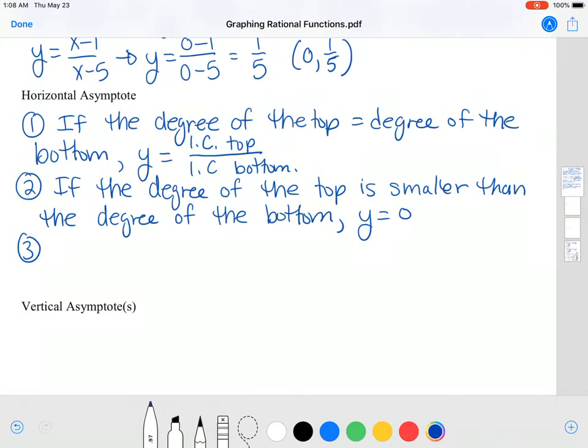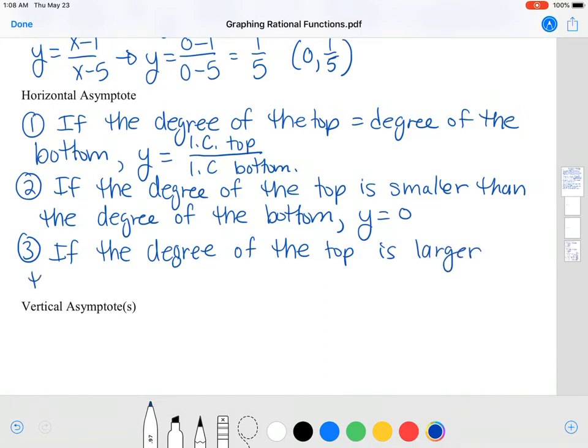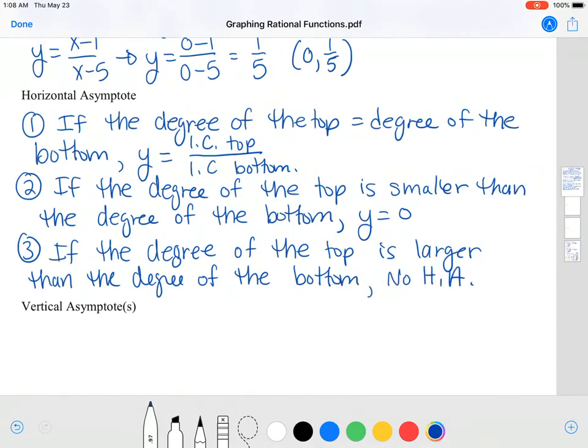And the last possible scenario is if the degree of the top is larger than the degree of the bottom, then there is no horizontal asymptote, and I'm going to abbreviate HA for horizontal asymptote.